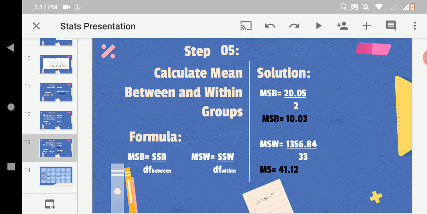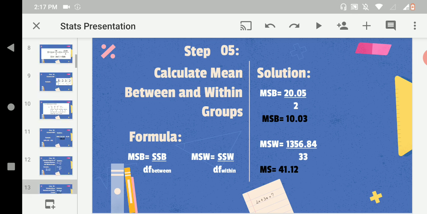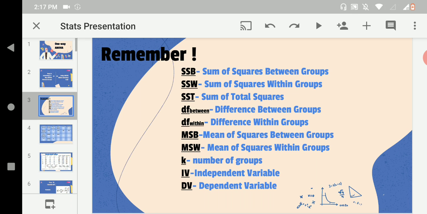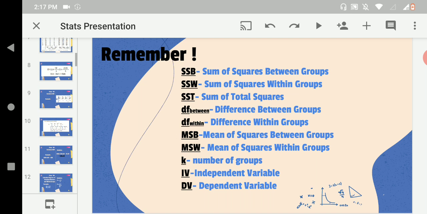MSB, let us recall, MSB is the mean of squares between groups. Yes, MSB, mean of squares between groups. So, there you go.